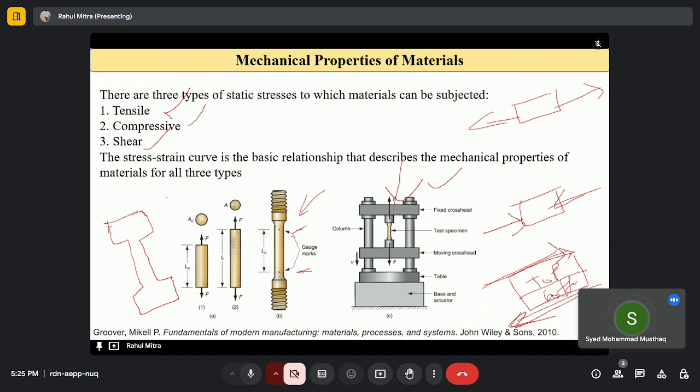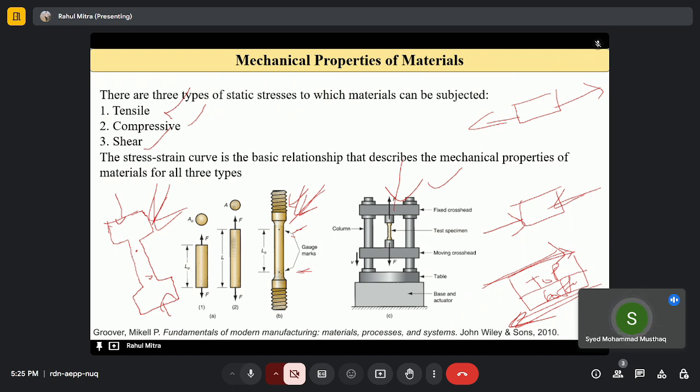It looks like a dog bone shape. So if you have a rectangular specimen, these two parts are for holding, and we again have gauge marks to measure the length. If you have a cylindrical specimen, we have a rod shape like this. And to avoid discrepancy in the values, there is a standard we need to follow.